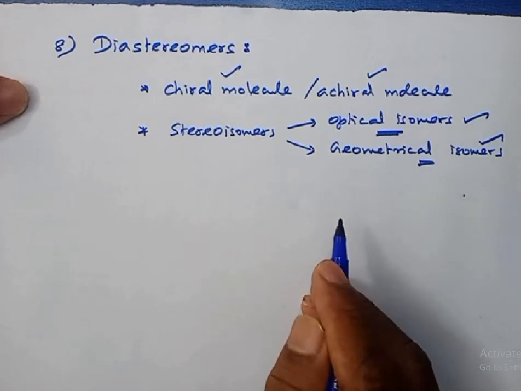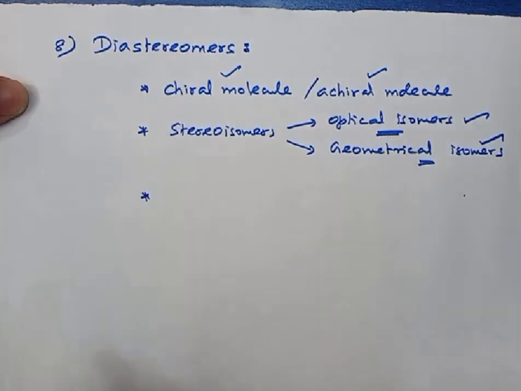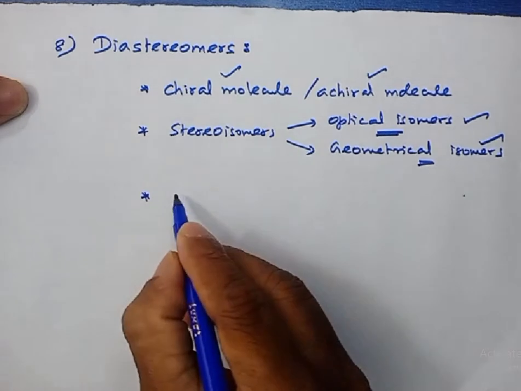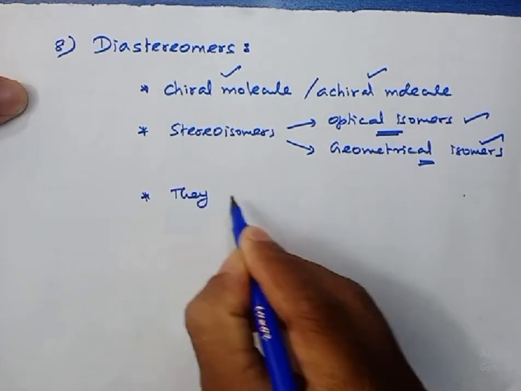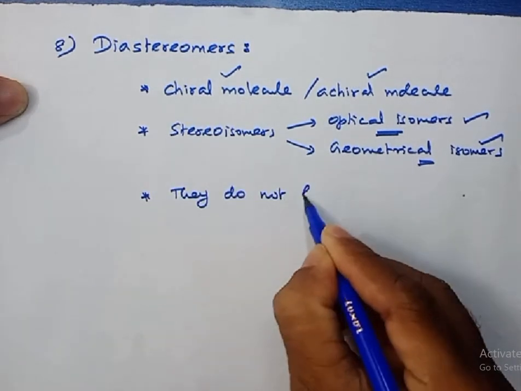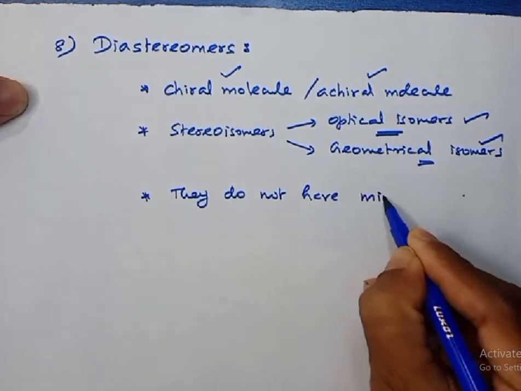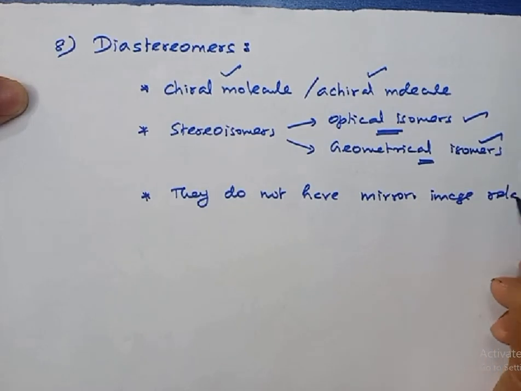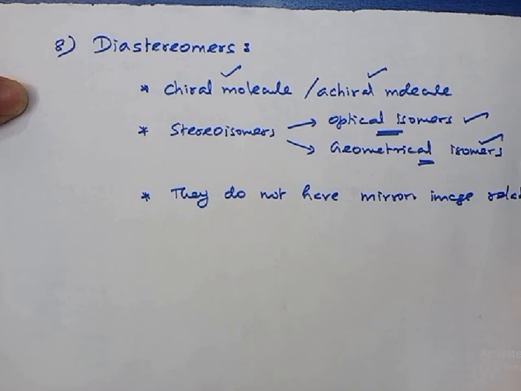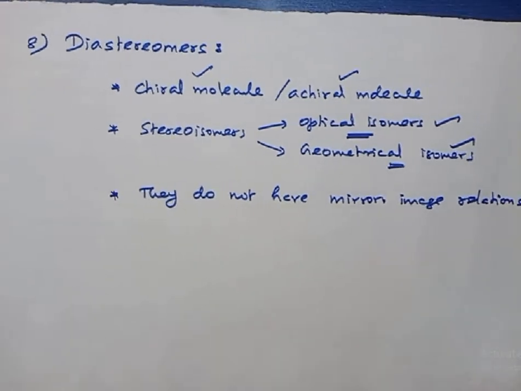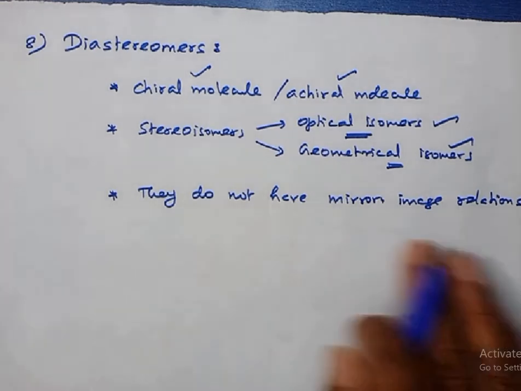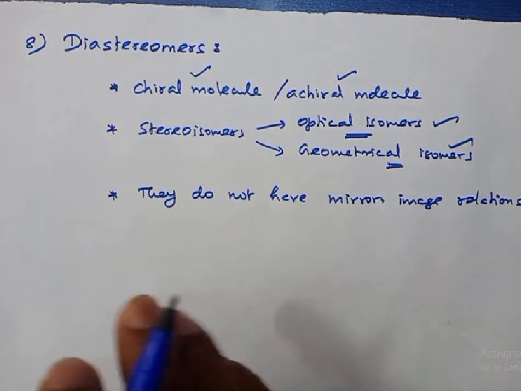What is the difference? The difference is this: they do not have a mirror image relationship. What is meant by that? One compound or molecule is not the mirror image of the other. What about enantiomers?